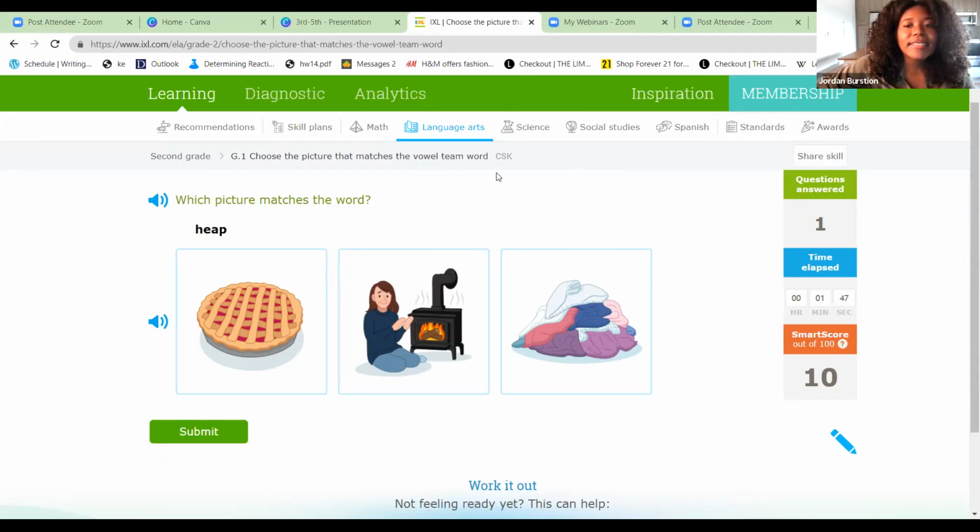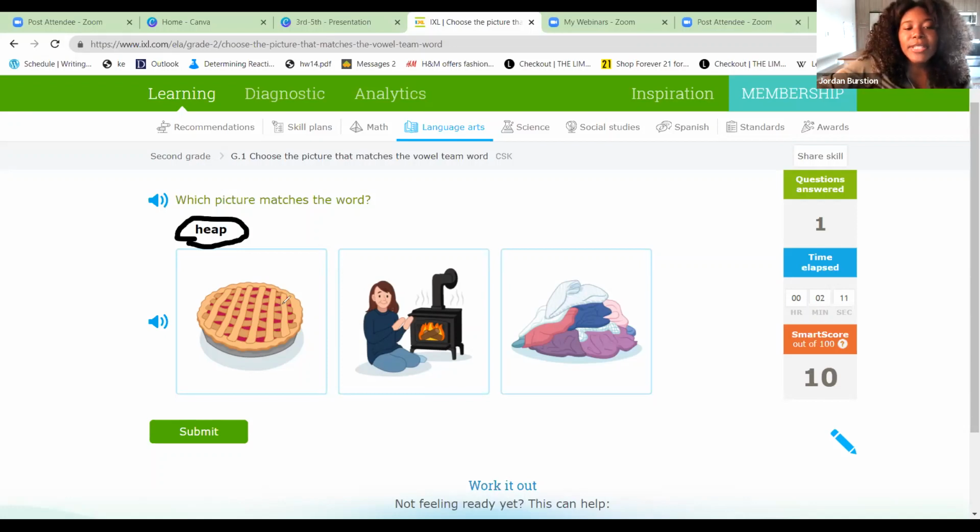All right. So this word right here is heap. There's a P at the end, heap. So it's not heat, like hot. It looks very, very similar to the word. You may not have heard the word heap before. It also means like a pile of something.